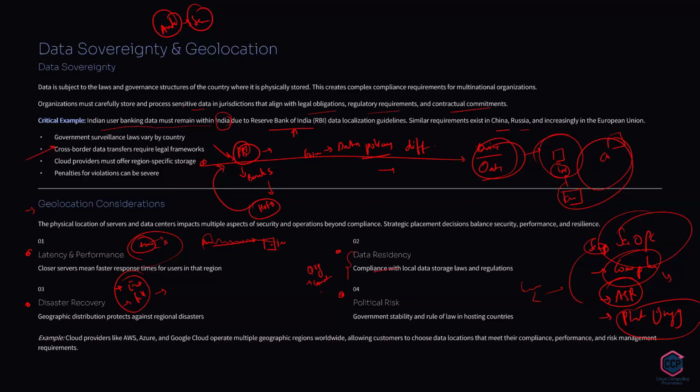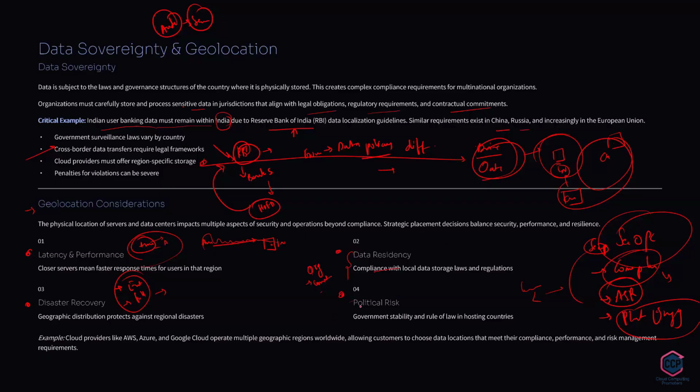The floods will corrupt the data centers, right? So there should be another data center as a backup, or it should be in the safest place where there would be no natural disasters.